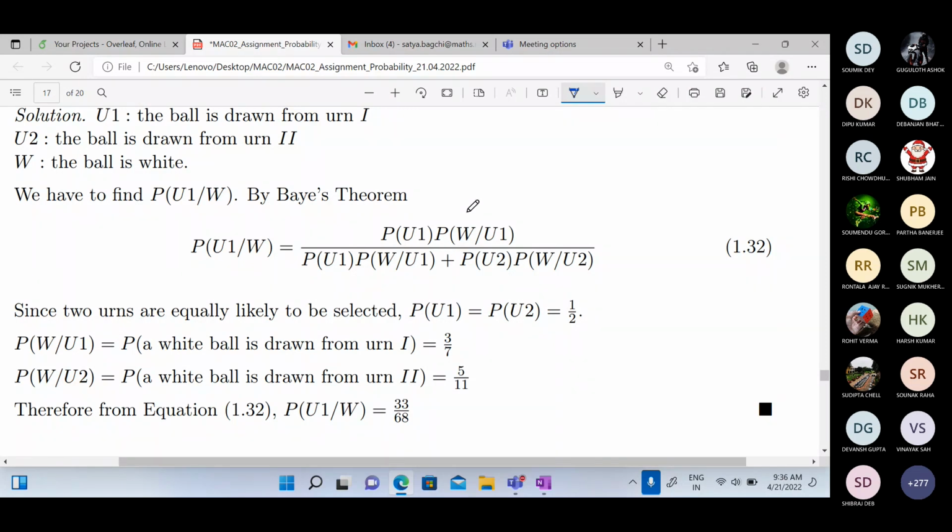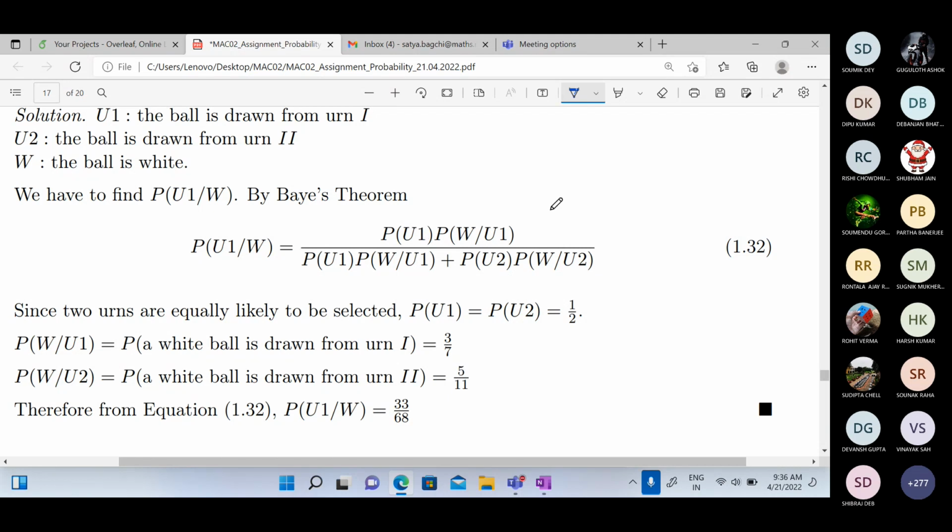That means the probability of a white ball chosen given that U1 is chosen, W over U1, times the probability of U1. And below it is the summation of all the cases: probability of U1 times white ball chosen given U1, plus probability of U2 times white ball chosen given that U2 is chosen.